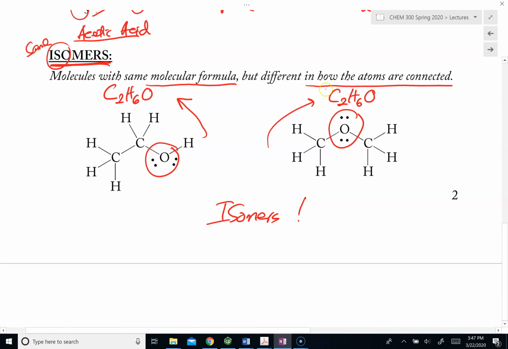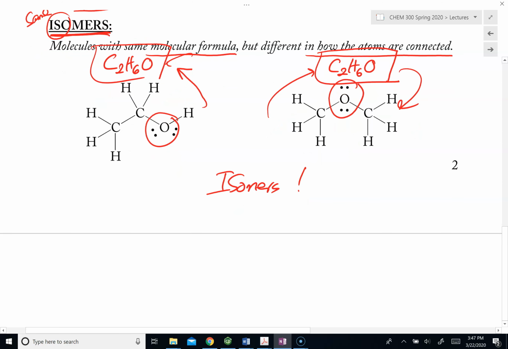So if we were simply given a chemical formula of a substance, we wouldn't be able to figure out whether we have this molecule or this molecule over here. Therefore, the molecular formula of a substance does not tell us the exact chemical identity.